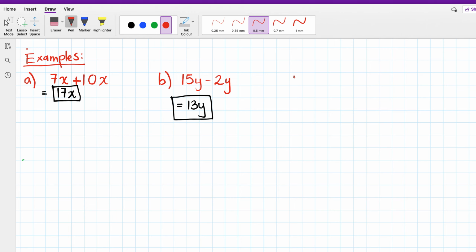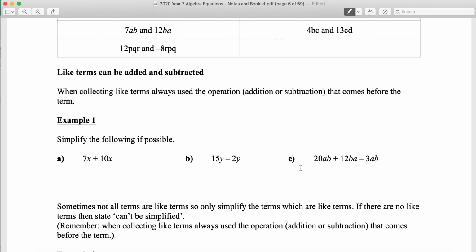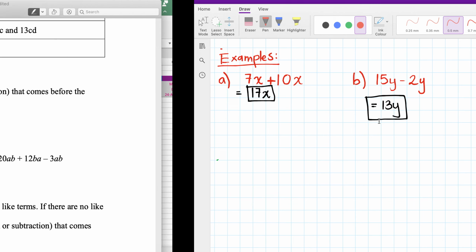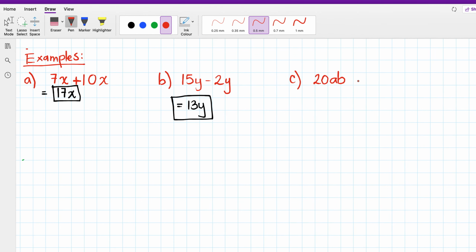Now C. 20ab plus 12ba take away 3ab. So the first thing that I'm going to check is, are all of them like terms?